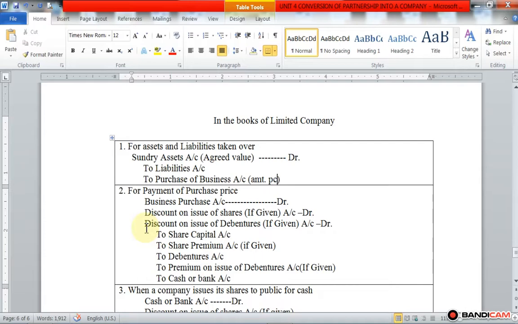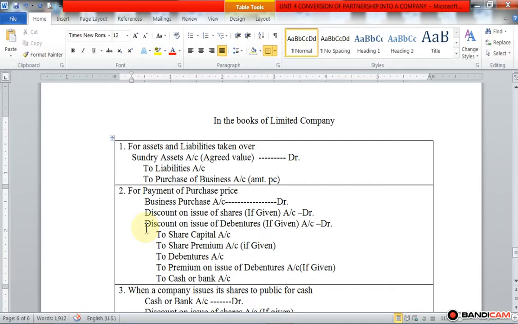To Share Capital, to Share Premium: if shares are issued at a premium, then we consider the share premium here. To Debentures Account, to Premium on Issue of Debentures Account: if debentures are issued at a premium, then the premium should be taken into consideration. To Cash or to Bank Account.